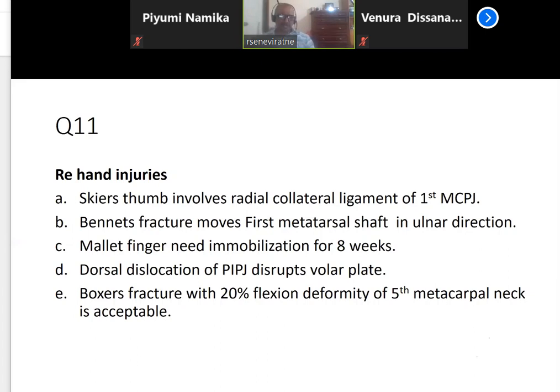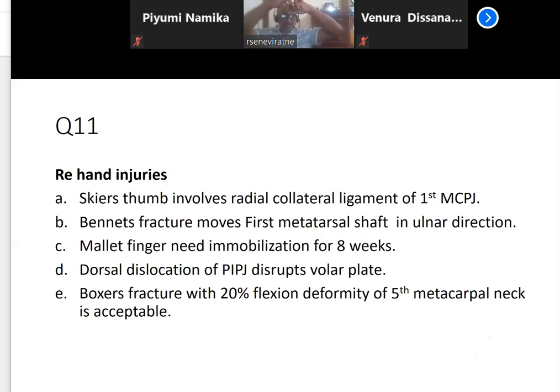Boxer's fracture with 20 degrees, not percent, flexion deformity of the fifth metacarpal neck is acceptable. You know what boxer's fracture is, isn't it? The neck of the fifth metacarpal. You hit somebody in boxing and it breaks here.